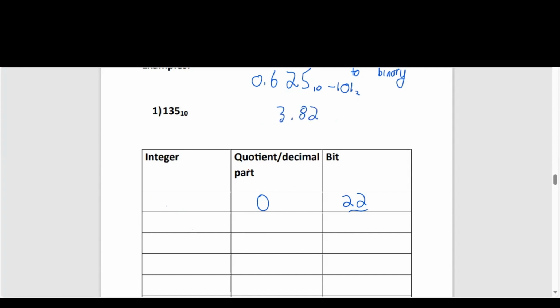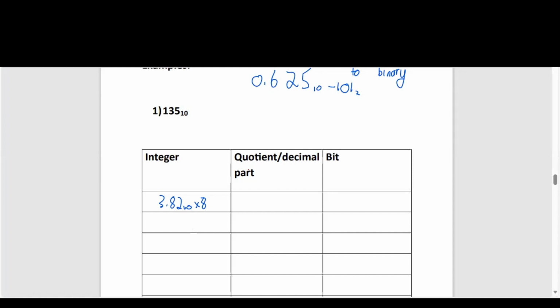3.82. Let me try that. 3.82, I try to convert that to octal. So same steps, multiply by 8. When you multiply 3.82 by 8, you get 30.56.